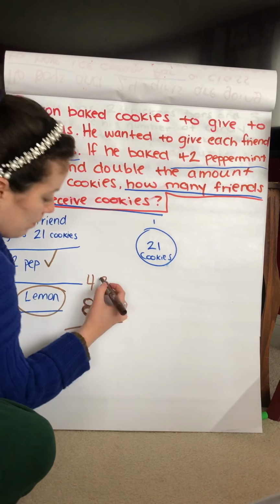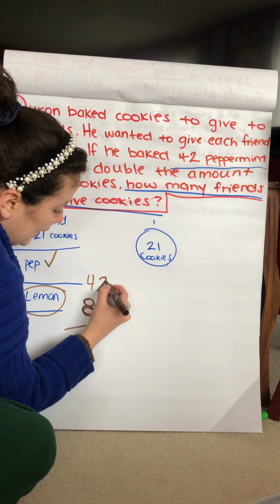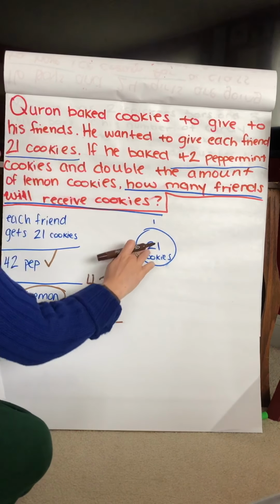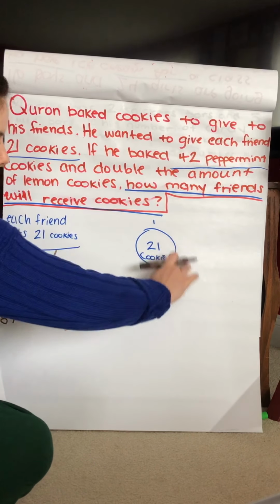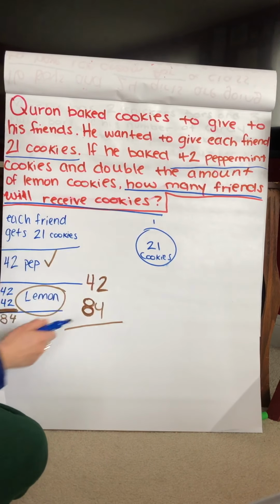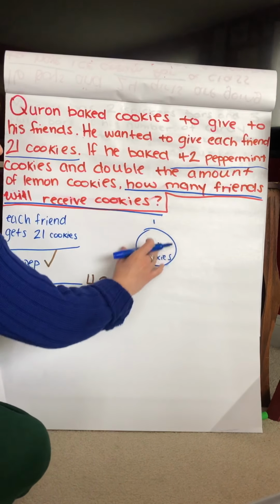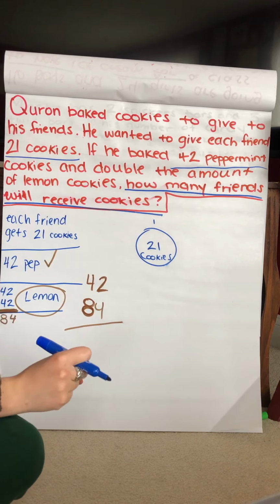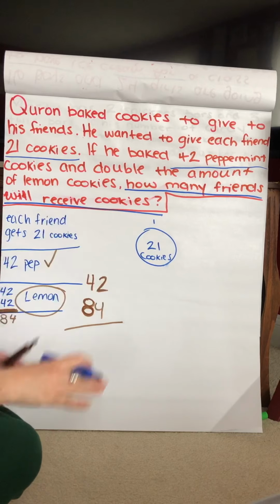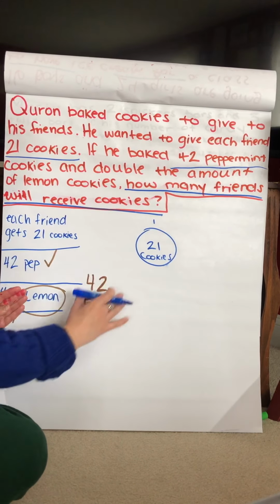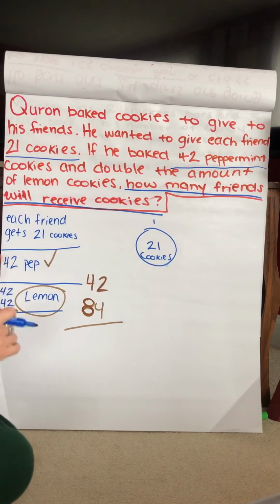Sometimes people will recognize right away that a 21 and a 21 gets us to 42. So we could already figure out that we gave away 2 sets of 21, which means 2 people have gotten cookies so far. But instead of doing that, I'm just going to keep adding these numbers up and then figure out how many I'm going to give away.